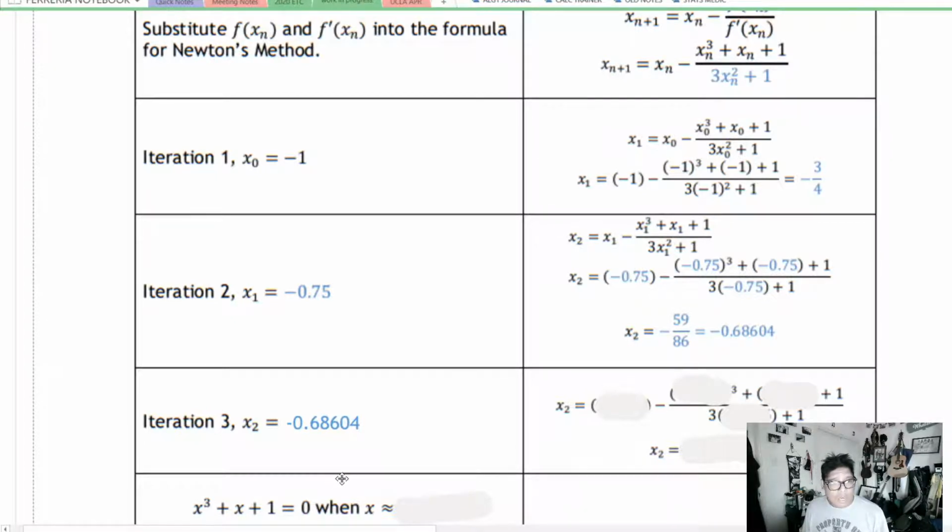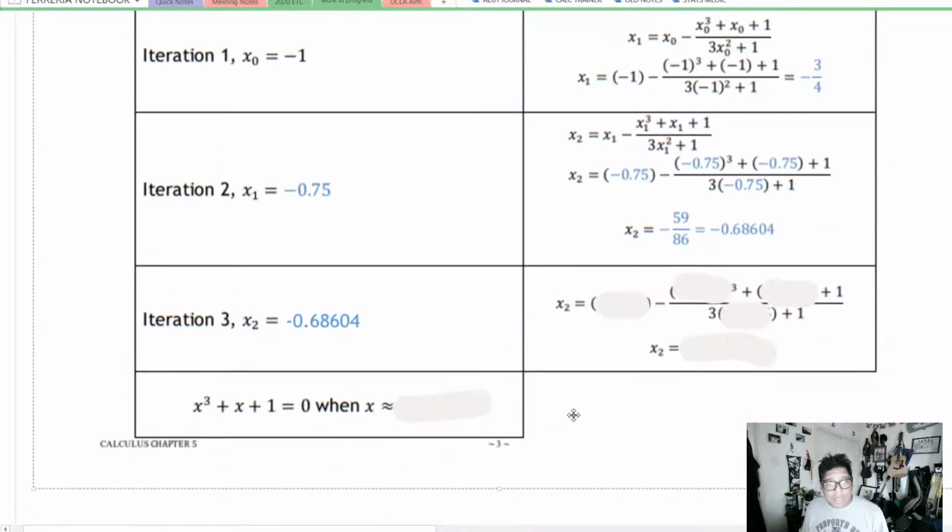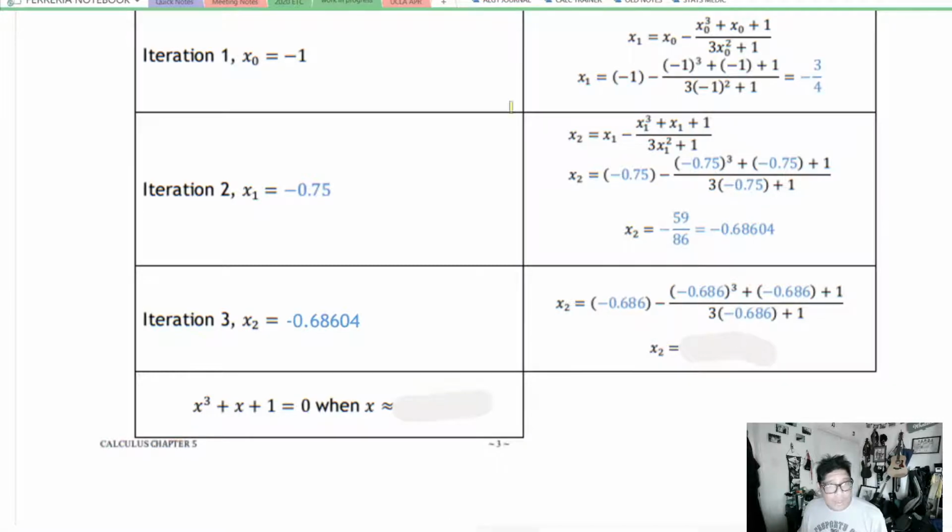And every time we have an x in our Newton's formula for this particular equation, we're going to put a negative 0.686. Now, I only use the first three digits here in the worksheet, but in your calculator, you definitely want to use as many digits as possible to calculate.